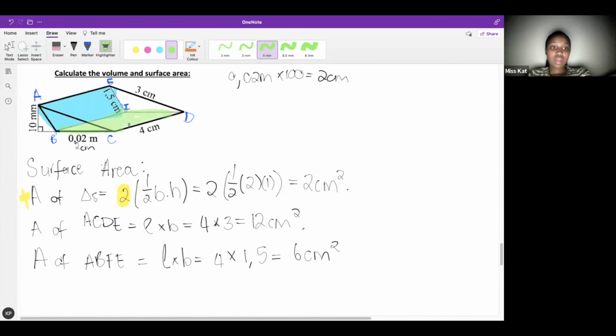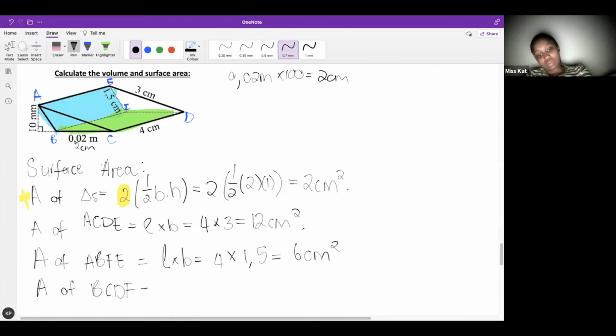Now we're doing the one at the bottom, which is area of BCDF, which is length times breadth. And what are the dimensions for those ones? 2 times 4, which is 8 centimeters squared.